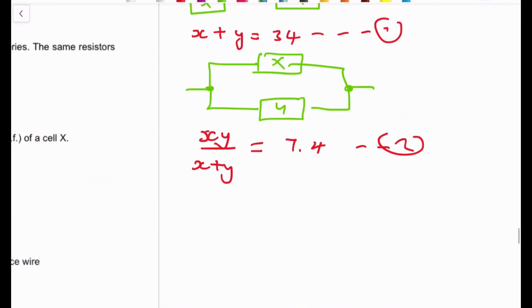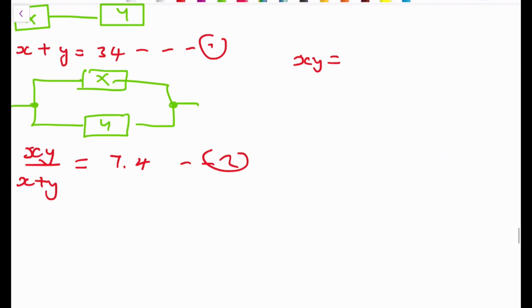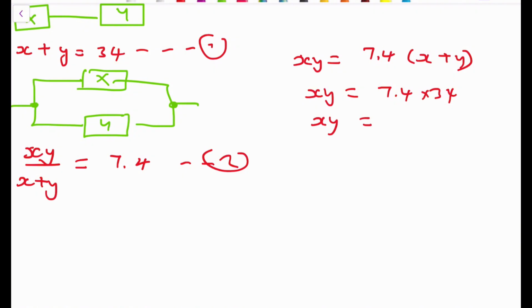So how do you solve them simultaneously? Well, get this. XY is going to be 7.4 multiplied by X plus Y, so XY is going to be 7.4 multiplied by 34. That's basically going to be 251.6, so this is equation 3.